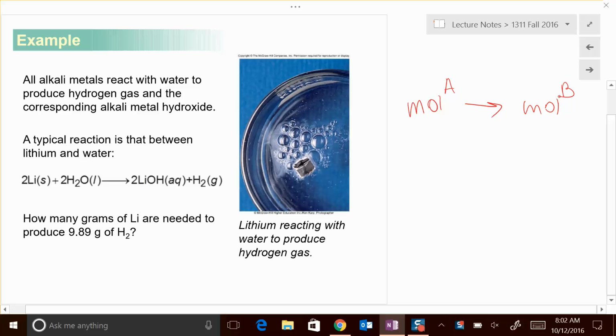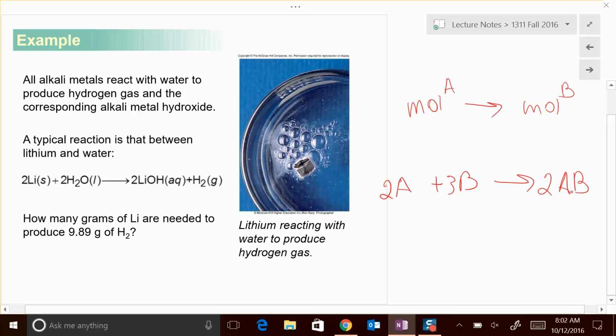But to be able to do that, you have to have a balanced chemical equation.